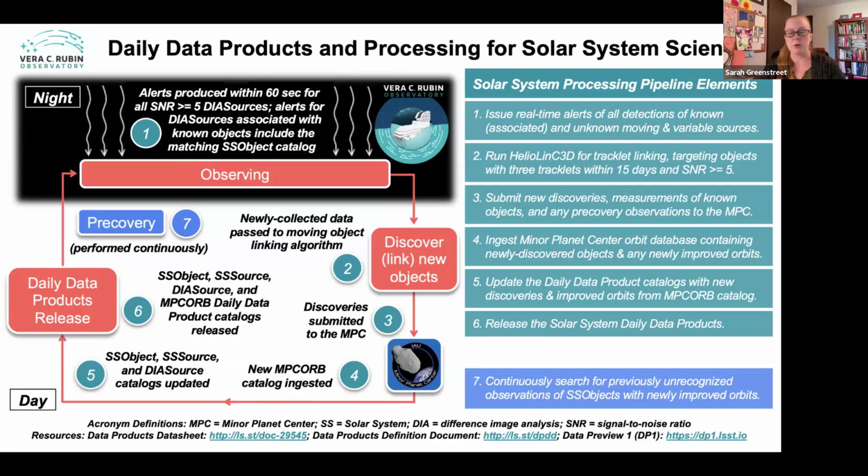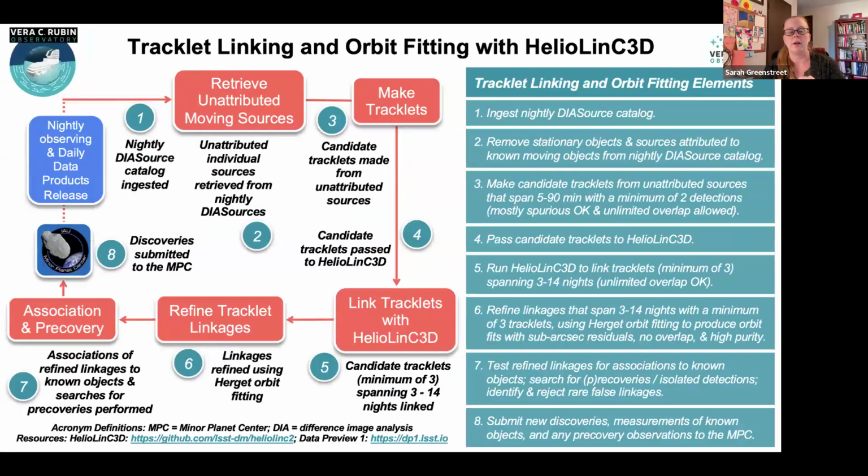After observing is over, most of the solar system processing pipeline runs during the daytime. So all of that newly collected data from the previous night's observing is then passed to the moving object linking algorithm. So that's step 2 here, where we discover and link new objects. Now that's a whole process and pipeline in and of itself. So there's another infographic here as well for how specifically the tracklet linking and the orbit fitting happens with this software algorithm called HelioLink 3D.